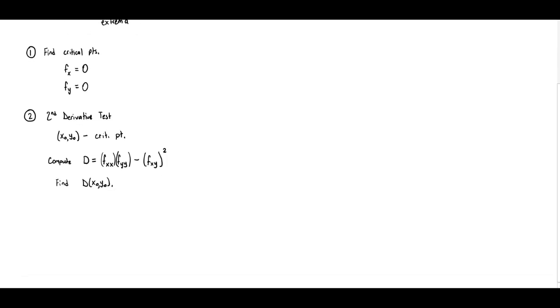And then from there, there's kind of three cases. If this expression, when you plugged in your critical point, is less than 0, that indicates that this critical point was a saddle point, so neither a max nor a min.